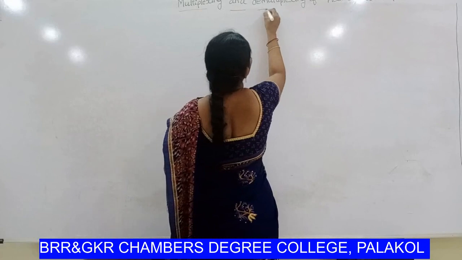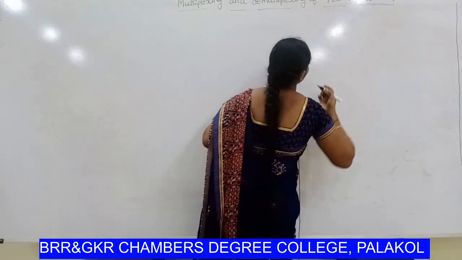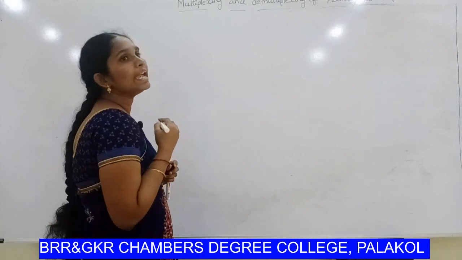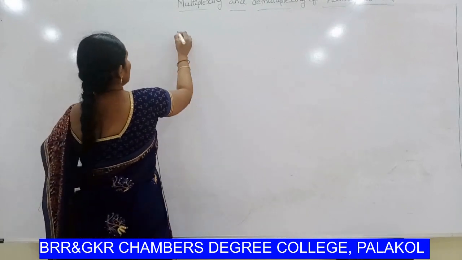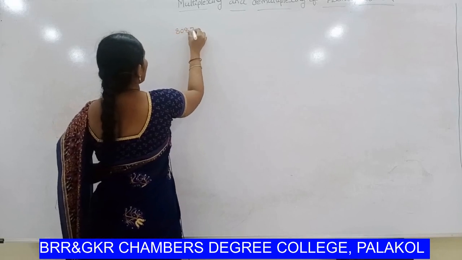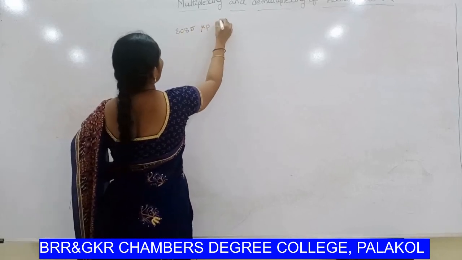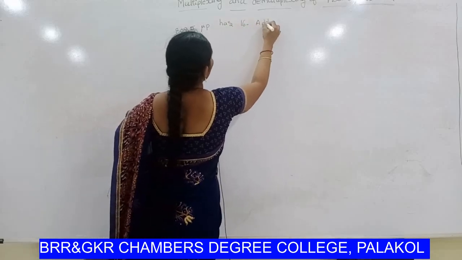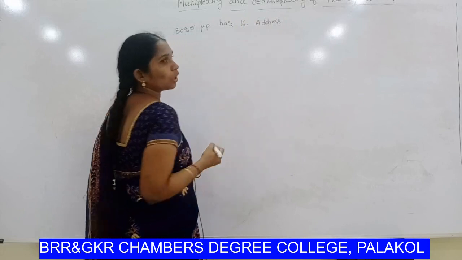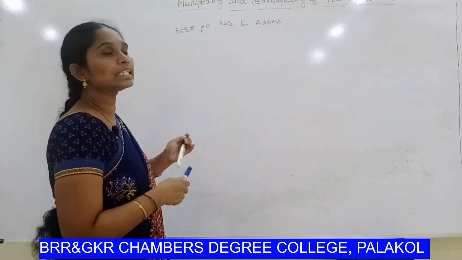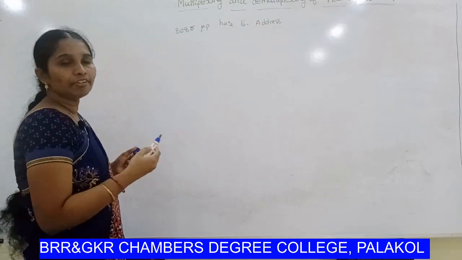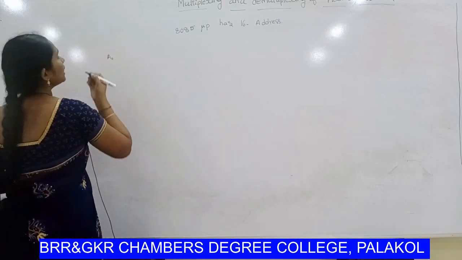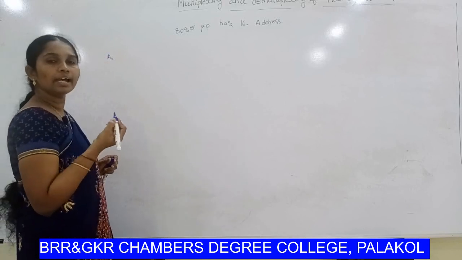The 8085 microprocessor has 16 address lines. These 16 address lines are divided into two parts. The first one is the lower order address bus and the second is the higher order address bus.